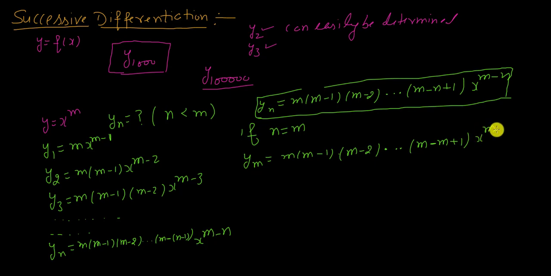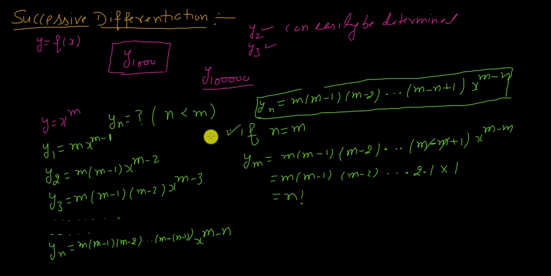And it will be x raised to the power m minus m. This will cancel out. So we are left with m, m minus 1, m minus 2, decreasing by 1 each time, and at last it will be 2, then 1, and x raised to the power 0 is 1. So this is nothing but m factorial.